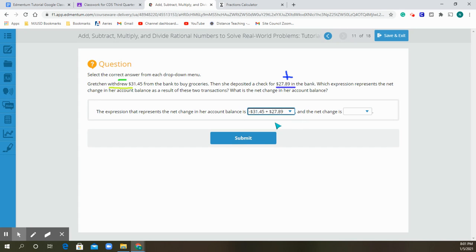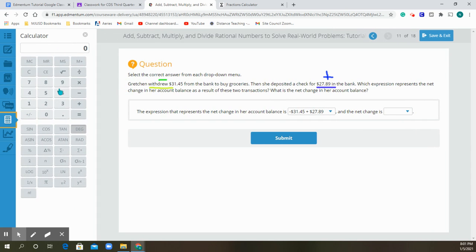So by process of elimination, that's the problem. Then we do the math to find the net change. So back to our calculator again. It's not letting me use the keyboard on my mouse pad here.